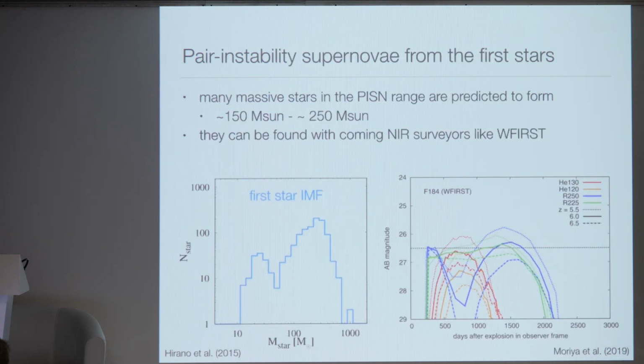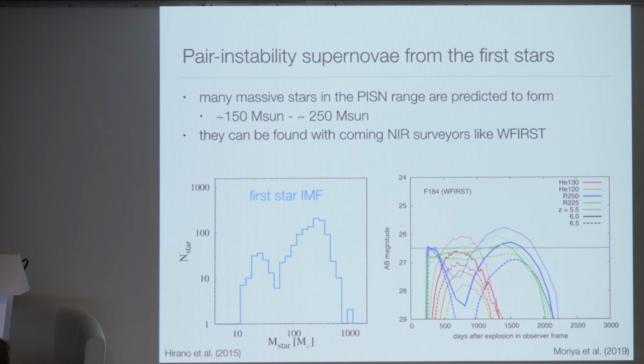And we are almost at the end. So this becomes bright, and you cannot lose a lot of mass to make this kind of explosion. But for the first stars, where no metals are present, you can easily keep this massive core. And what's also interesting is that first stars are predicted to include a lot of massive stars, which should explode as pair-instability supernovae.